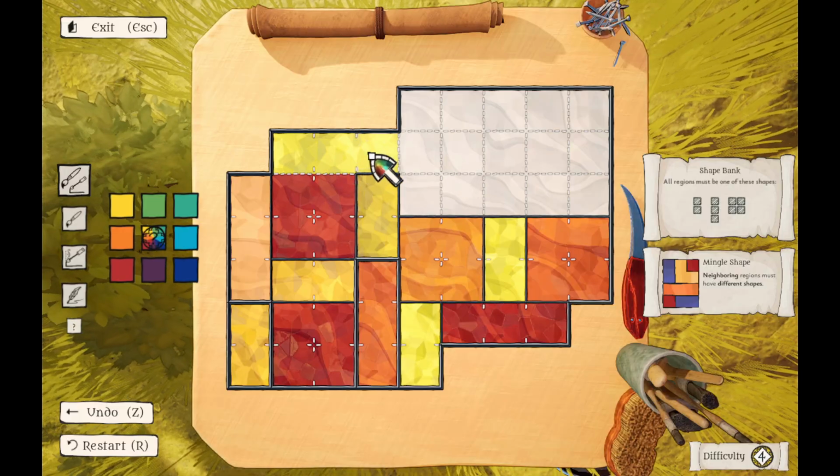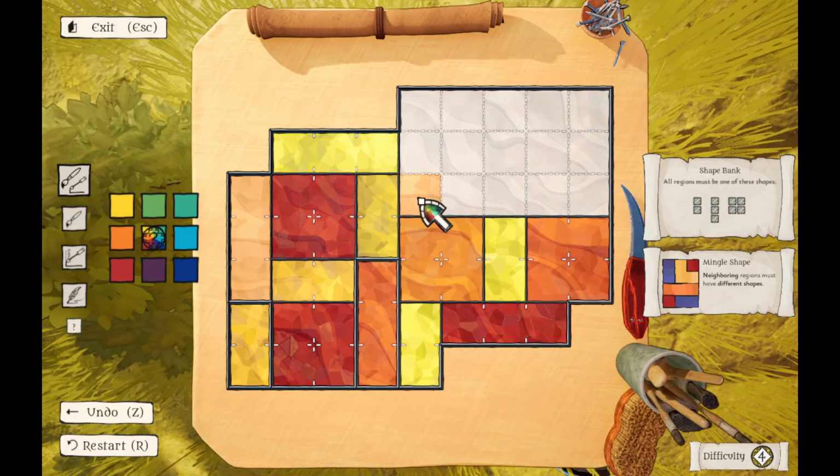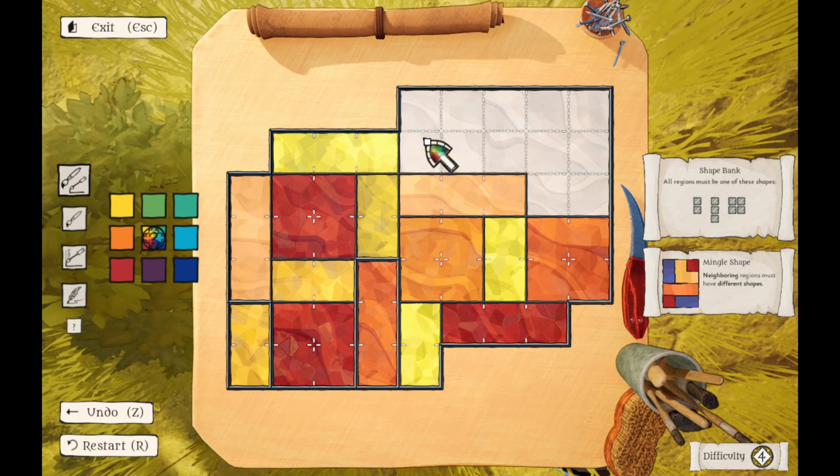Yeah, 2 doesn't work, so it has to be a 3 by 1. That has to be horizontal 3 by 1. To be a 2 by 1.